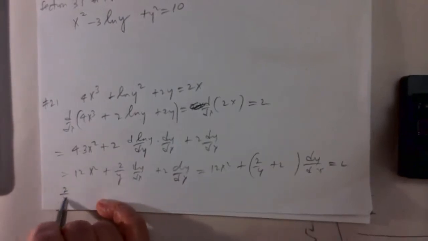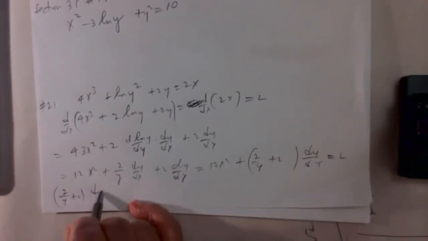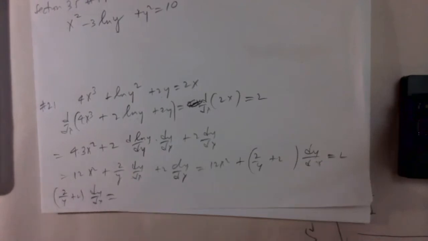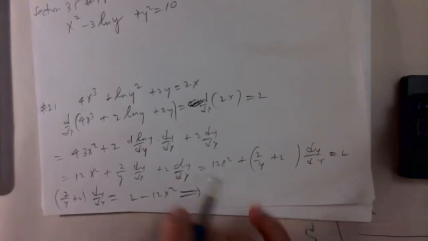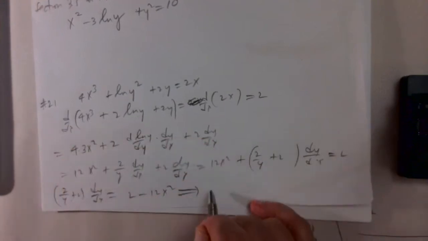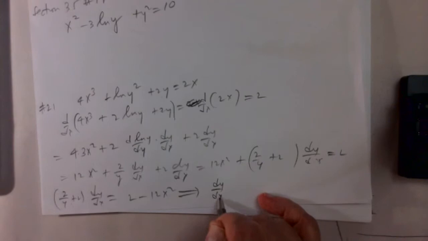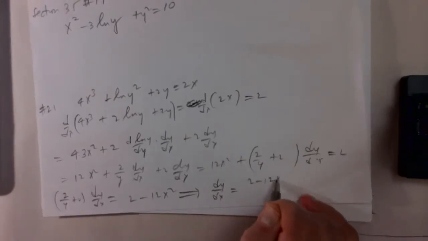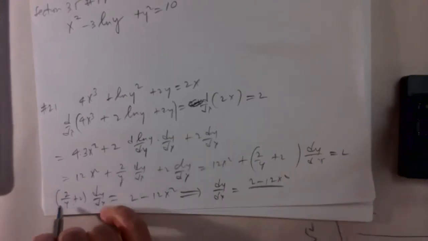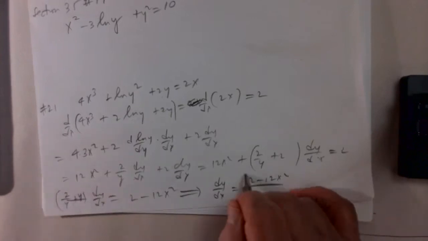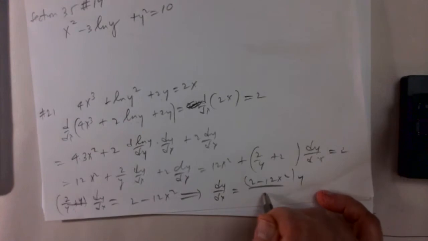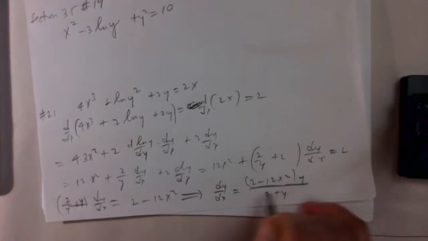So 2 over y plus 2, times dy/dx, is 2 minus 12x squared. Just divide by this: dy/dx is 2 minus 12x squared divided by 2 over y plus 2. This is the same as 2 plus 2y over y, so when I divide by it, it's y over 2 plus 2y.